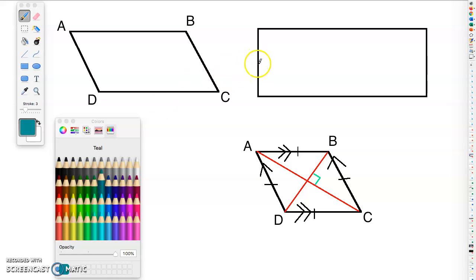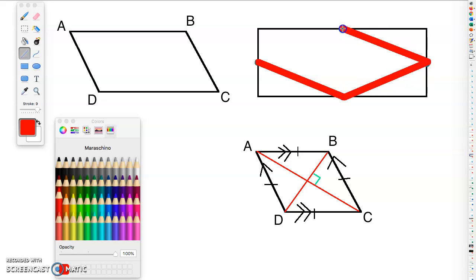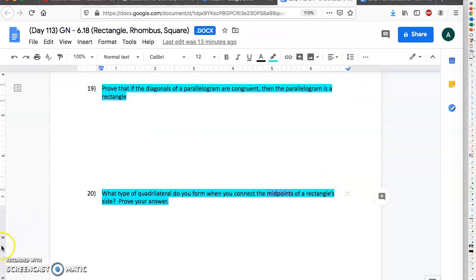So let's say right here, that's the middle. Middle, I'm going to make this bigger. Middle, middle, and middle. So what they're asking is if we were to connect all these midpoints. So I connect here to here, here to here, here to here, here to here. What would that shape be? So first answer what shape, and then prove that your answer is correct.